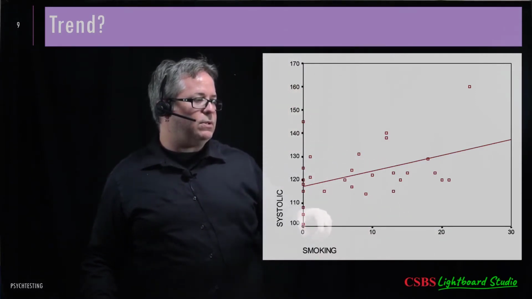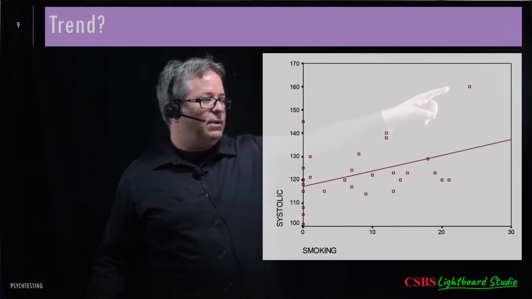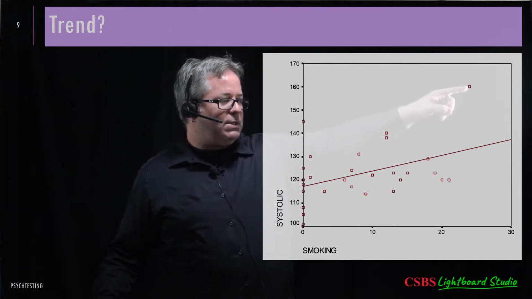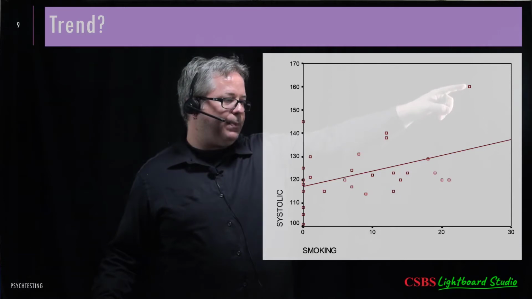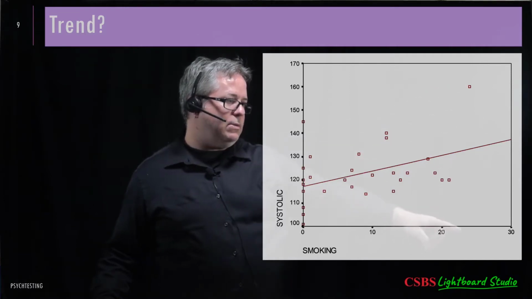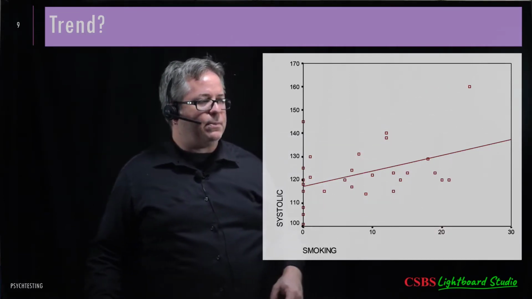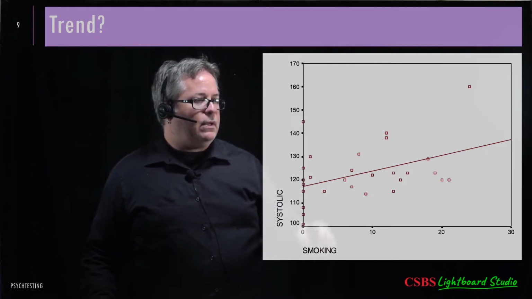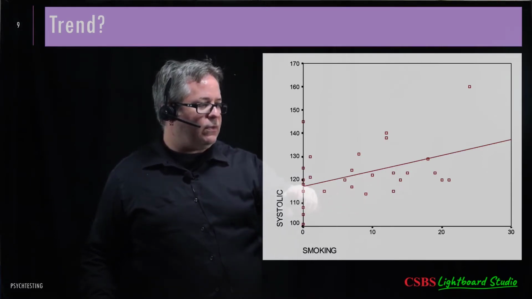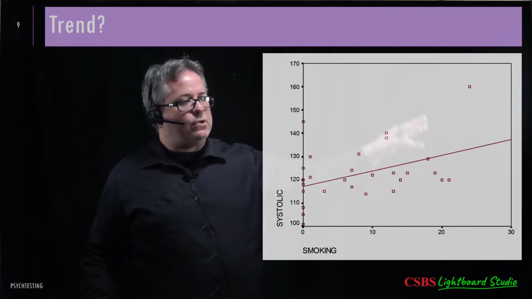Now, this is of course impacted by this person up here that had a 160 systolic, and they smoked roughly 23 cigarettes per day or something like that.